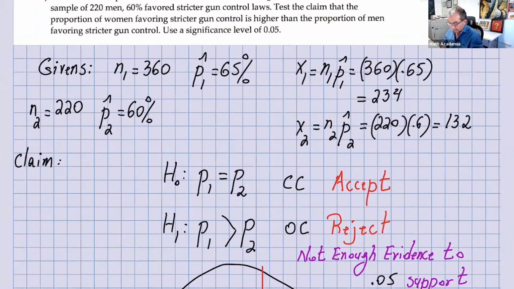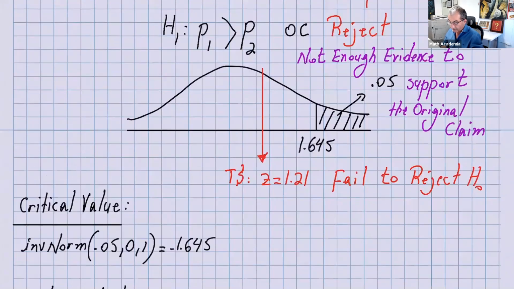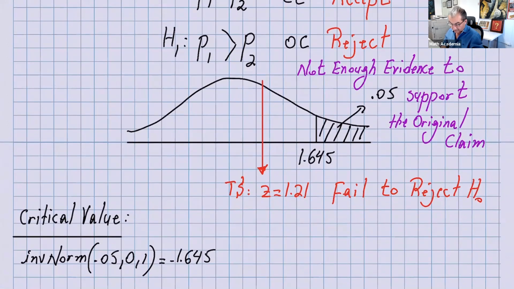The claim says that P1, P of women, is greater than P of men, which is P1 is greater than P2. And of course, H0, they're always equal. So this is again a right tail test. To find the critical value, you do inverse norm 0.05, you get negative 1.645, but take the positive one because it's a right tail test.